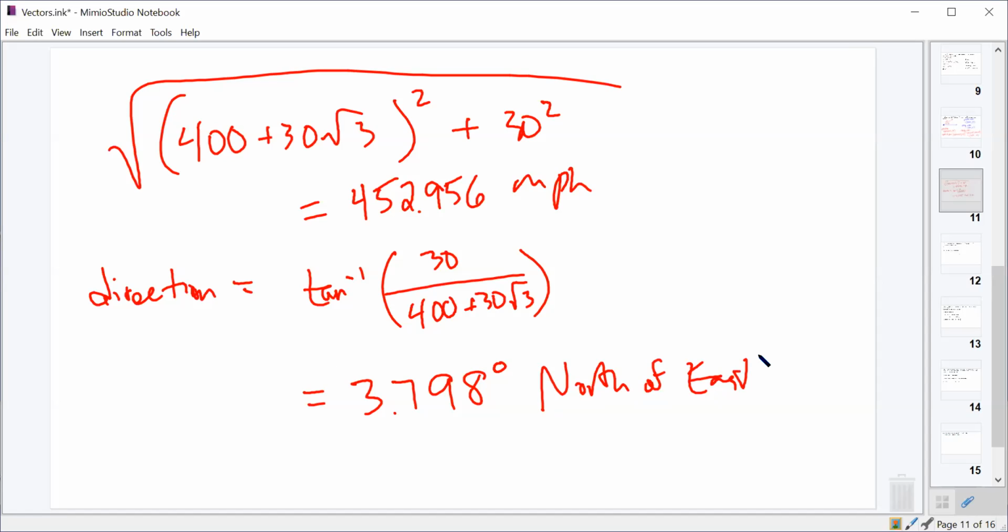Does that make sense, Nick? Sure. So confident there. Yeah, I mean, the direction should always be inverse tangent of y over x, and it's always from the velocity vector.